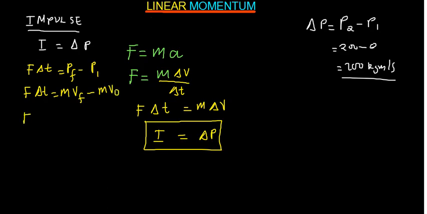So this will give us force times change in time being equal to, since you can see that mass is not changing, you are talking basically about the same object, so we are going to factorize out mass. So we remain with final velocity minus initial velocity. Final velocity minus initial velocity is what we call change in velocity. Okay, this is just mass multiplied by change in velocity.